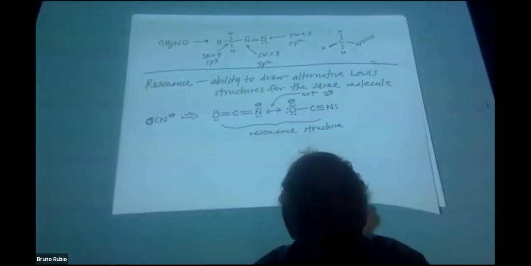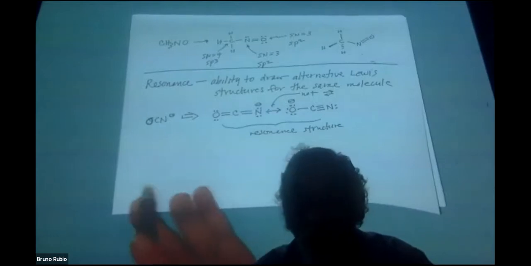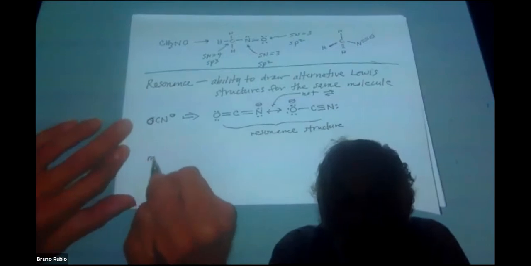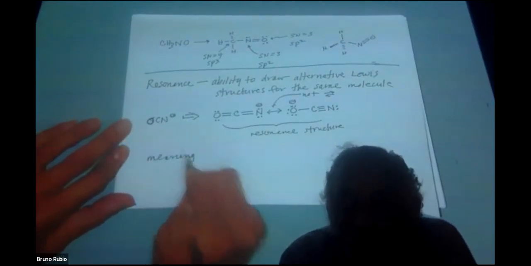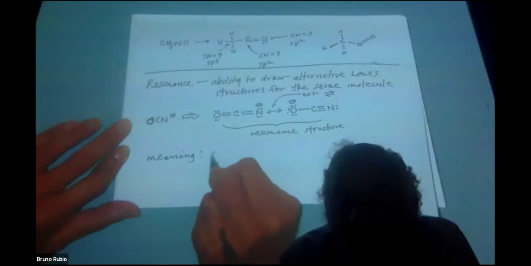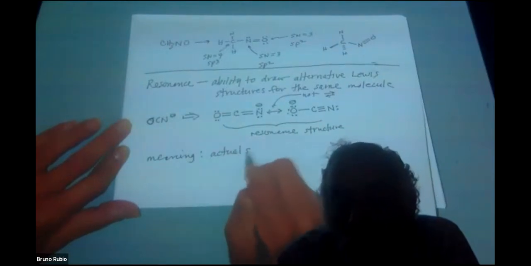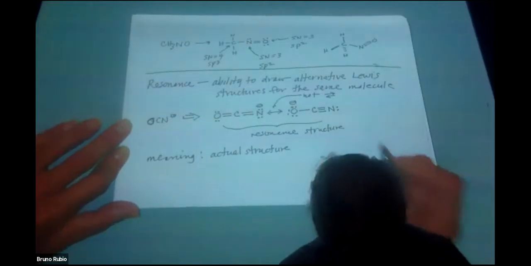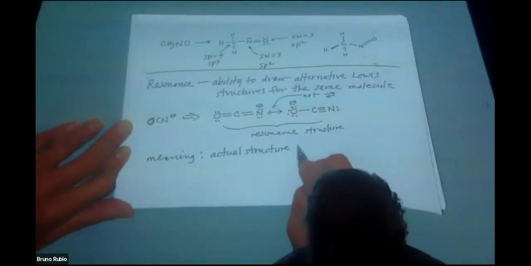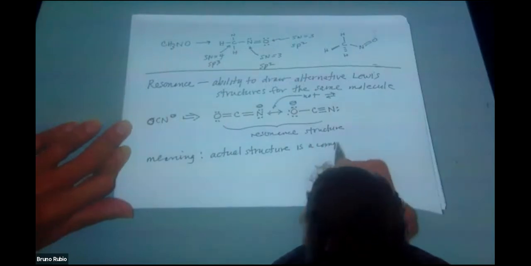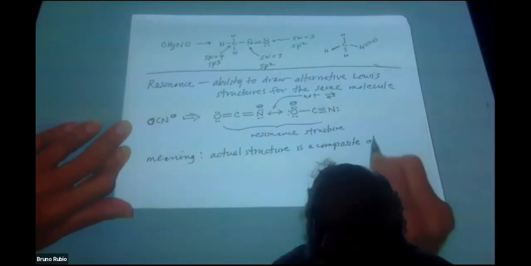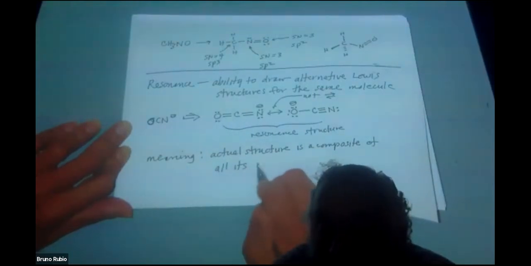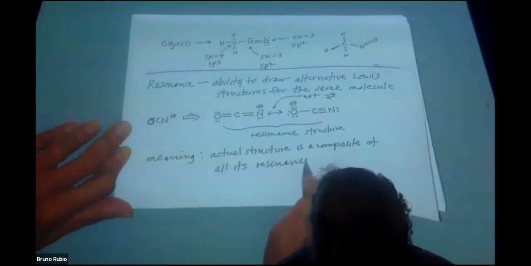It's an alternative Lewis structure for the same molecule, but the meaning of resonance structure is that the actual structure of the molecule, of the ion, whatever it is we're looking at, is a composite of all its resonance structures.